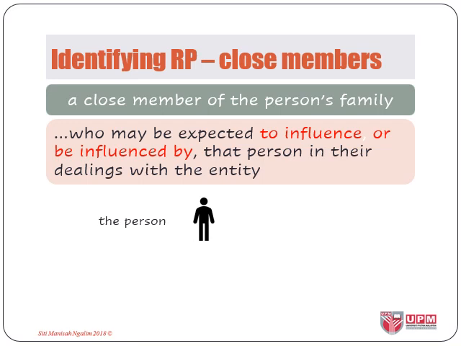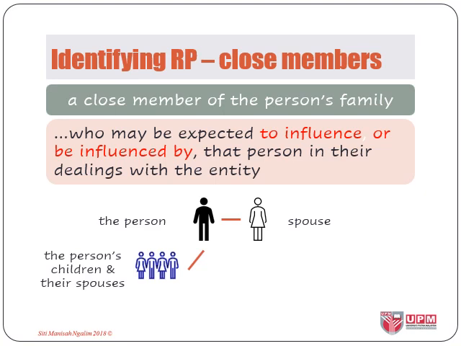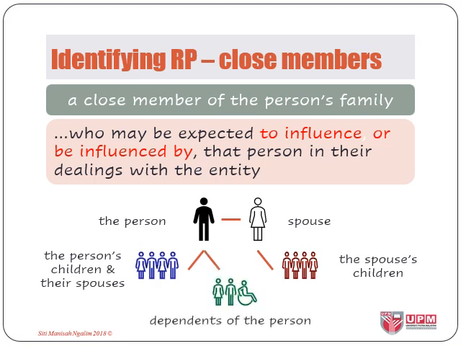So if we have the person as described previously as a male individual, a close member of this person include his spouse or wife, the children of the person and their spouses, the children of the spouse or the wife, where perhaps the person married the wife while the wife already has her own children from previous marriage, and dependents of the person that may include parents who depends on the person or adopted children or anyone that the person recognized as his dependents.